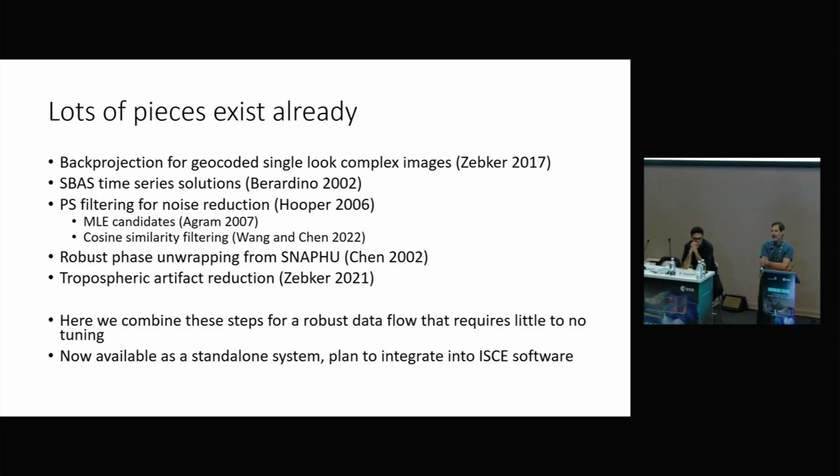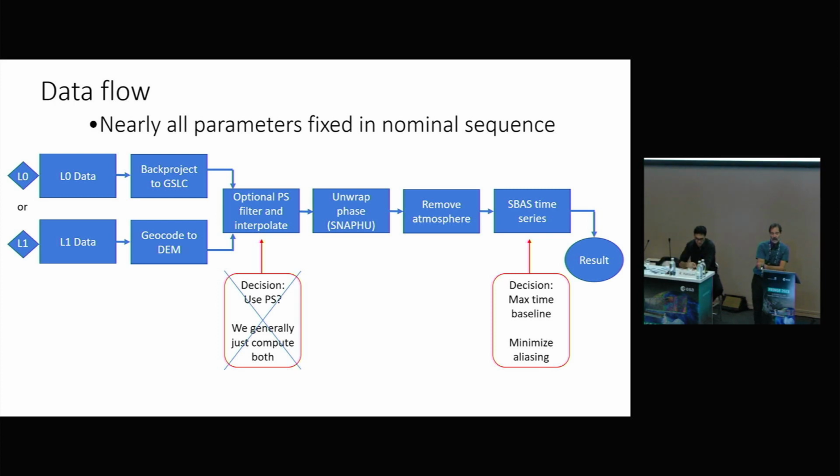Everything will work together in a nice, harmonious way to generate the data that we want. And hopefully, we will integrate this into packages such as the ISCE package that's being developed at JPL. And we hope that it gets enough notice to make it into some of the other processing packages that many of us use.